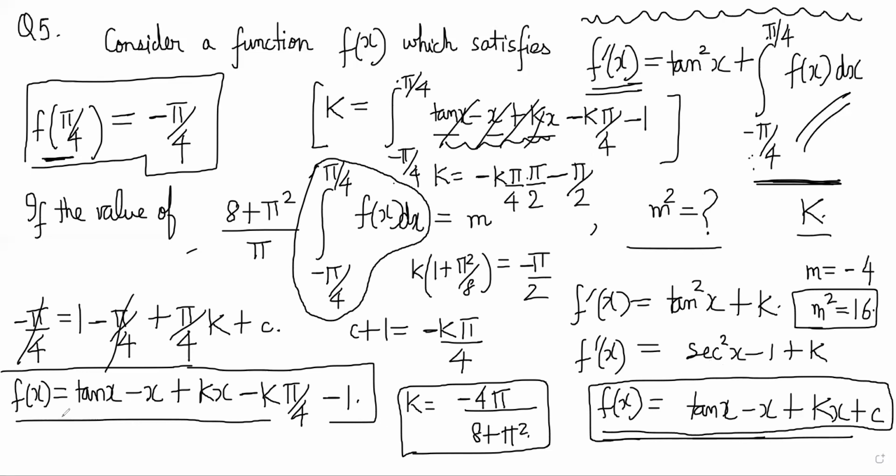The whole f of x we got as something in terms of k, and obviously we can find k by just putting this part we said was k, putting that back here. So from that we get the value of k as minus 4 pi by 8 plus pi square, which gives us your m and n and all.